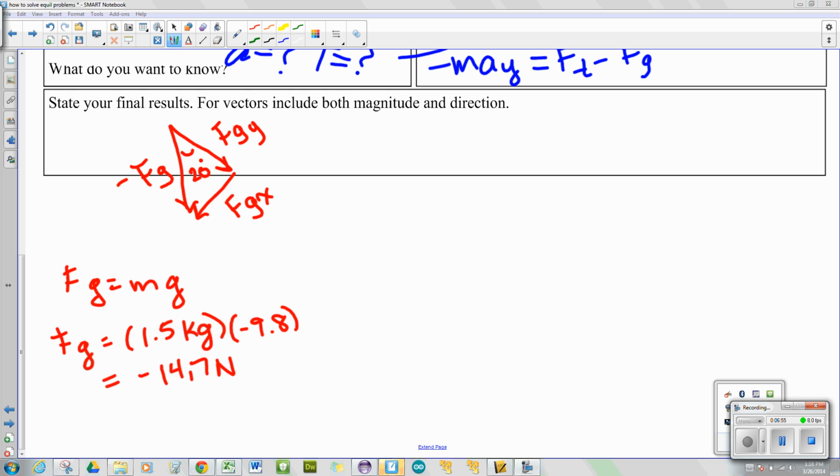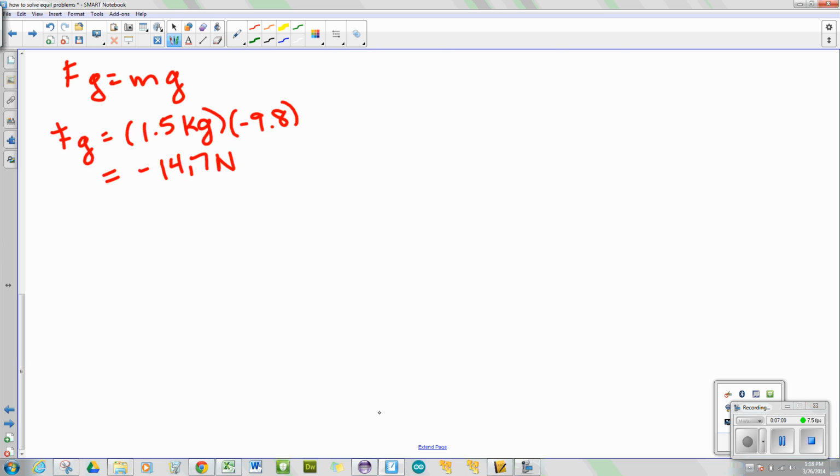So this is my hypotenuse. To find my two sides, I will use sine for this one because it's opposite, and cosine for this one because it's adjacent. I'll just give myself some more space.